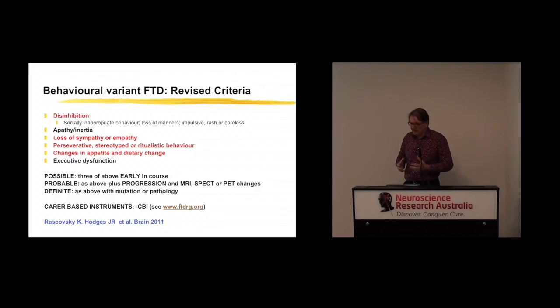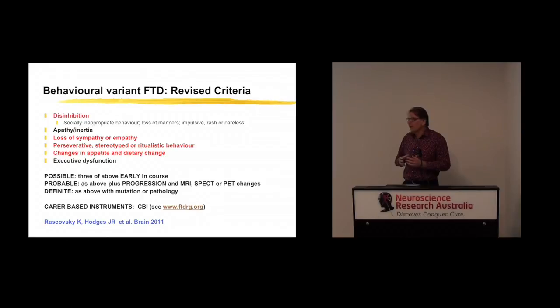Now, I've highlighted these in red because we believe these are the kind of core distinguishing clinical symptoms, and we've been interested in studying each of these, attempting to come up with better tests so we don't have to rely entirely on what the families tell us, tests of disinhibition, tests of empathy and emotional judgment, and measuring food intake and looking at people's appetite.